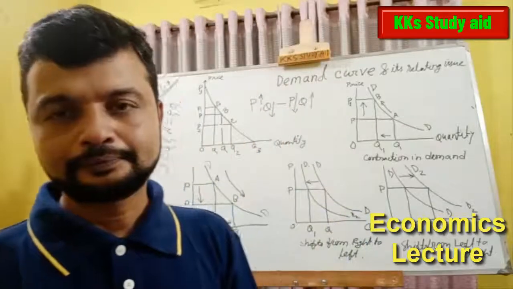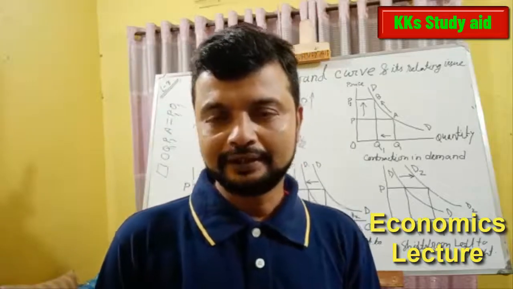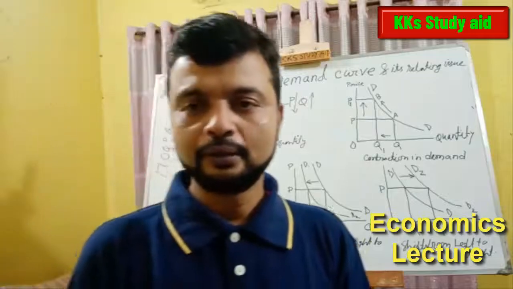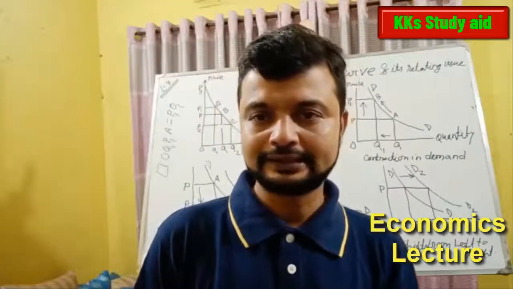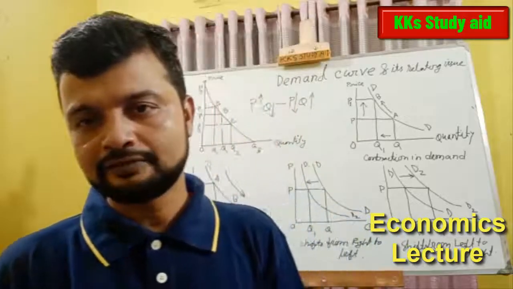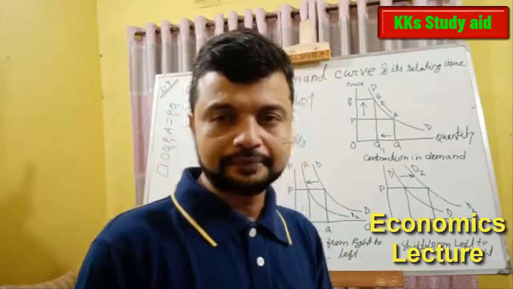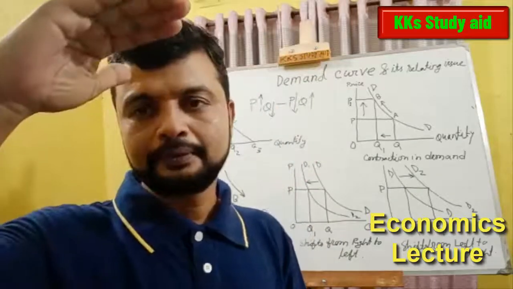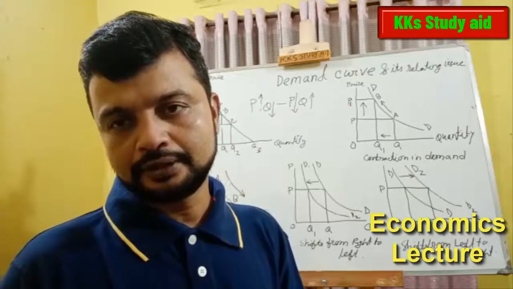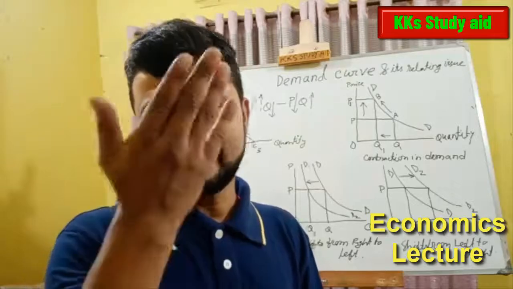What is called demand? Demand refers to the amount of goods and services which a consumer wishes to purchase at given prices in a particular or specific time. And there is the law of demand, which says that when the price of a commodity goes up, demand will fall, and when the price of a commodity goes down, demand will rise.